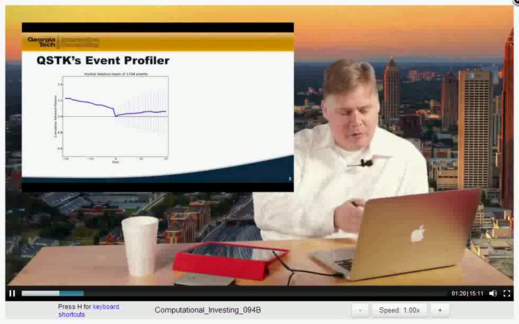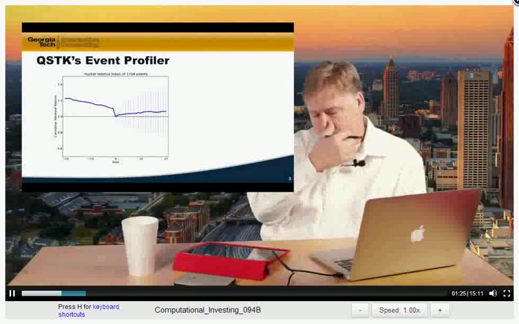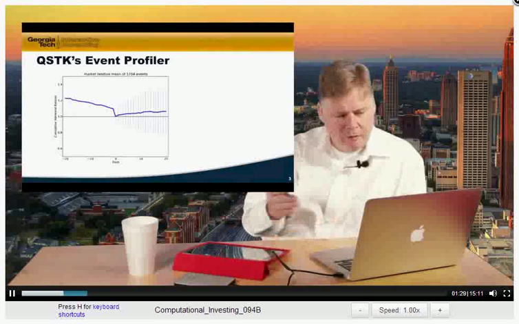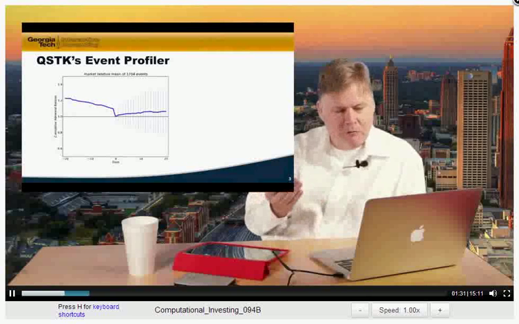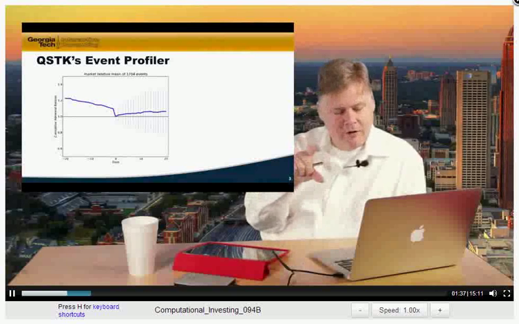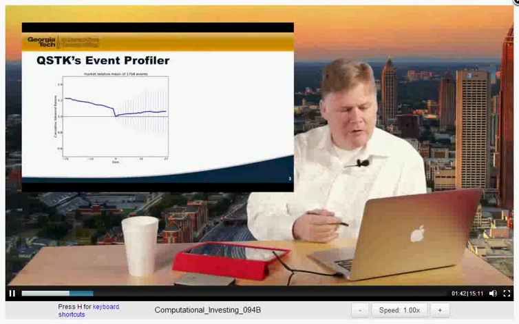The event happens at 0, and then going forward, the dark blue line is the mean return of all the events. In this case, there were 1,700 events, and the upper and lower bounds show you confidence intervals. It's actually the standard deviation of all of the events that occurred.